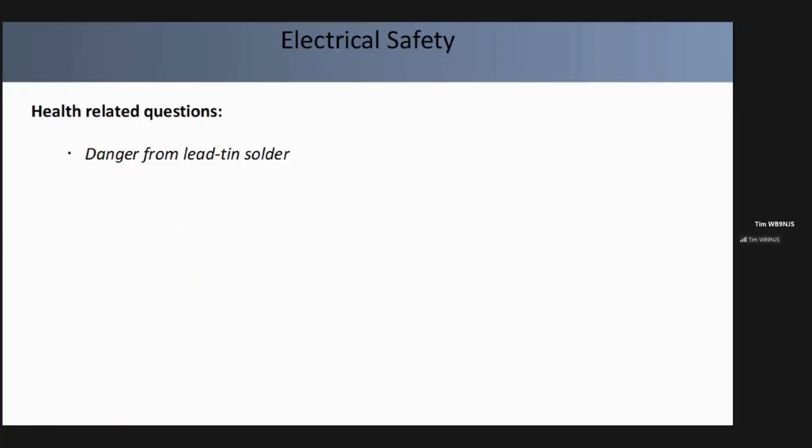But it contains lead, and that lead can contaminate food if hands are not washed carefully. Again, the italicized text relates to wording in the question pool. So the danger from lead tin solder is that lead can contaminate food if hands are not washed carefully. So if you've been soldering and you go to crack open a beer or have some chips, make sure you wash your hands very carefully to remove that lead.